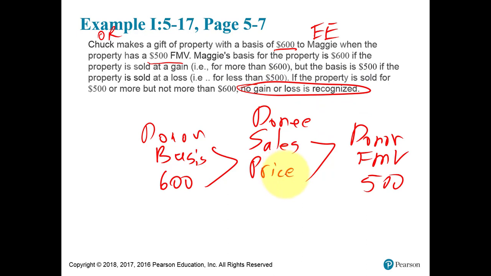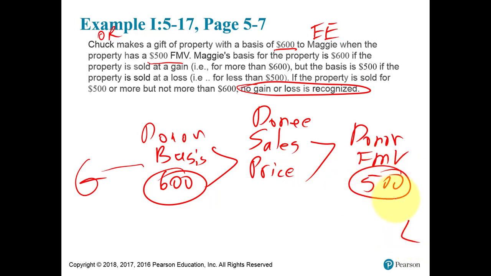If Maggie sells her asset for more than 600, now we have a gain using this $600 basis. If Maggie sells that asset for less than 500, she's going to have a loss using this as the basis. Again, in between these two prices, there's no gain or loss to Maggie. But it all goes back to the time of the gift. Because the value has gone down compared to the basis, we use this rule when eventually the donee sells that gifted property.